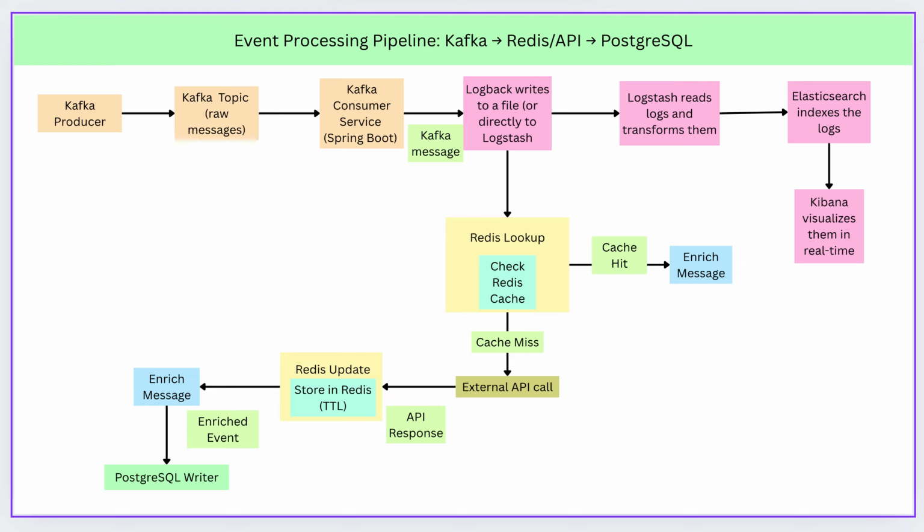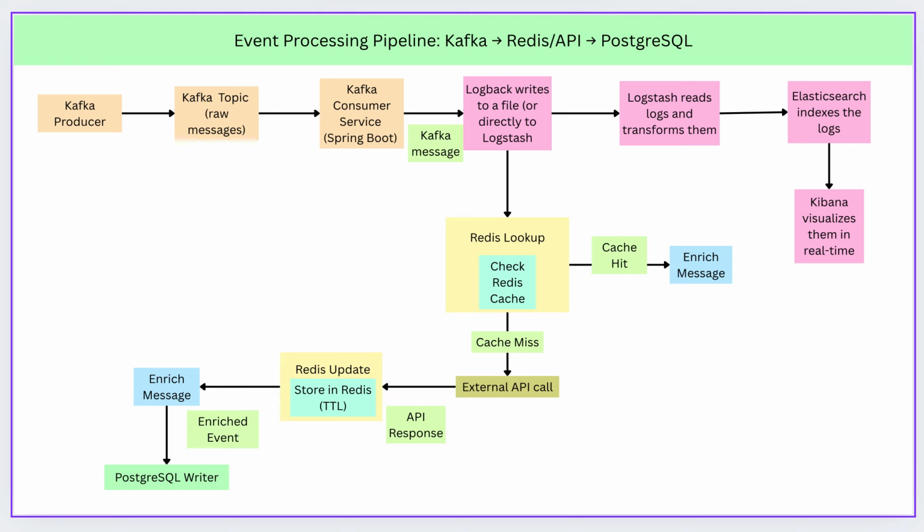Here we have the logging system, which is the ELK stack. Every step is logged using Logback. We use MDC to add user ID and event ID into our log entries. These logs are collected by Logstash, which parses and ships them to Elasticsearch.